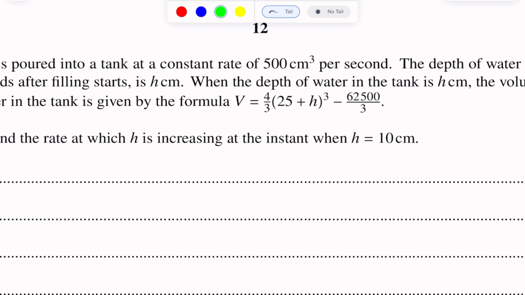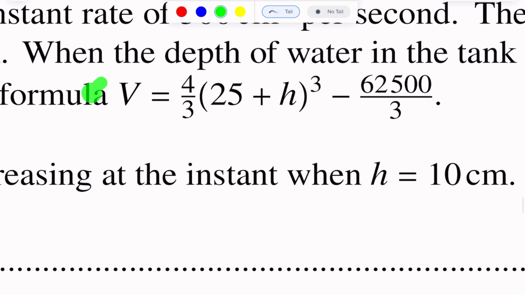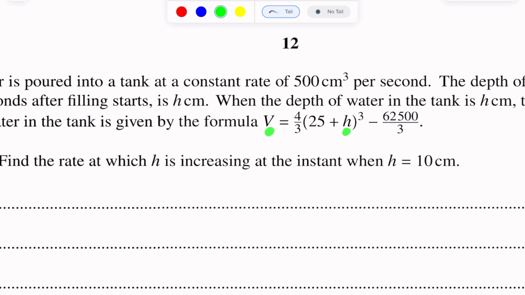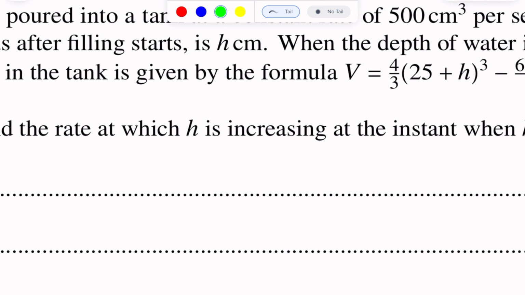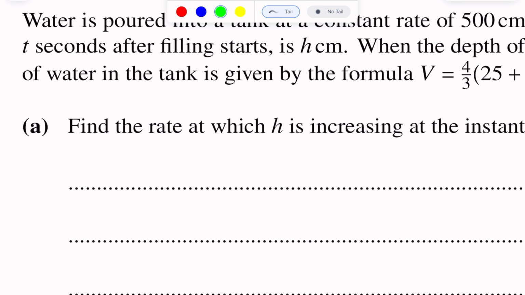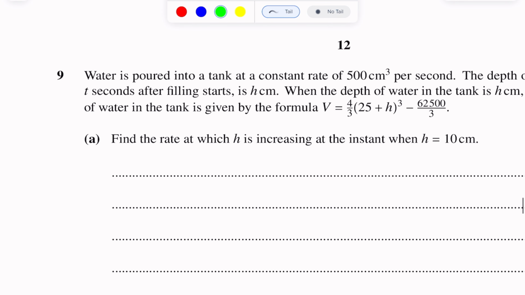This is the relation between volume and height. Find the rate at which h is increasing at the instant when h is equal to 10 cm. Actually, we have to find the rate of increase of h. This means that we have to find dh over dt at h is equal to 10 cm.